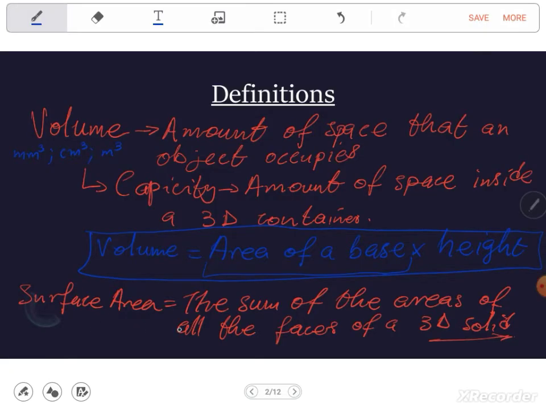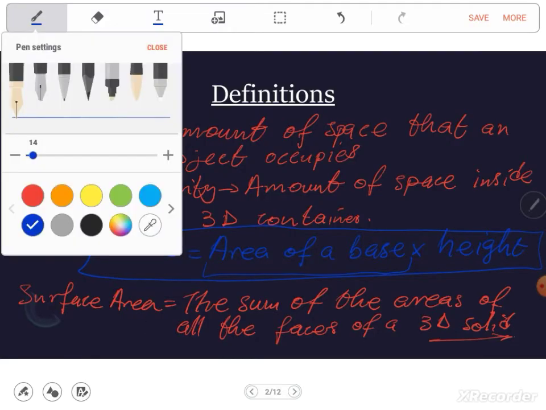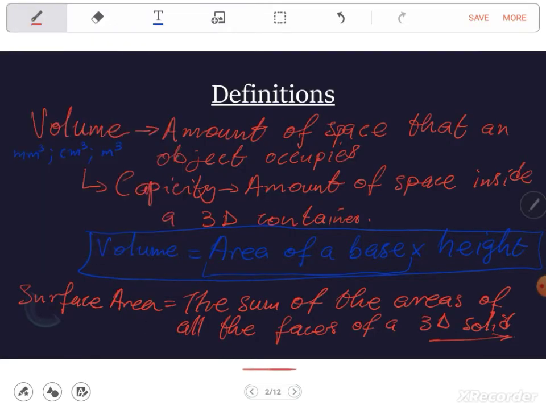While surface area is the sum of the areas of all the faces of a 3D solid or object. So when you take the surface area, you add the area of each of the faces of an object, and that will give you surface area.